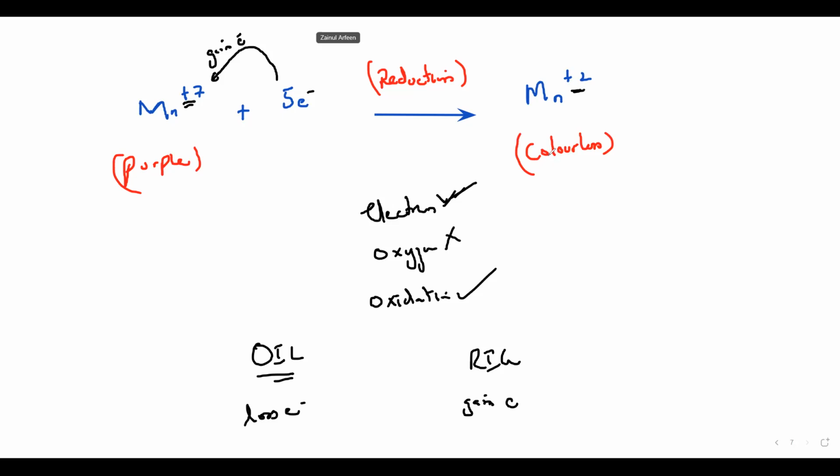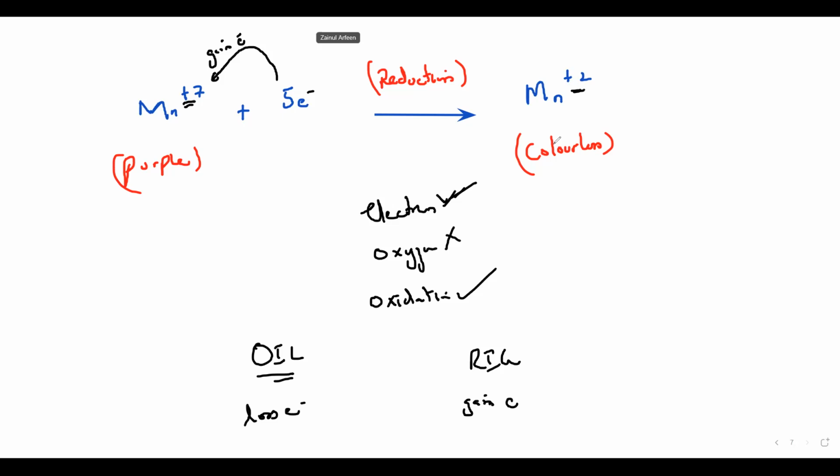It doesn't happen for all elements that when the oxidation number changes, the color also changes. But for a few elements, when they change oxidation number, the color will also change. In the case of manganese, if it has plus 7 oxidation number, the substance will always be purple in color.